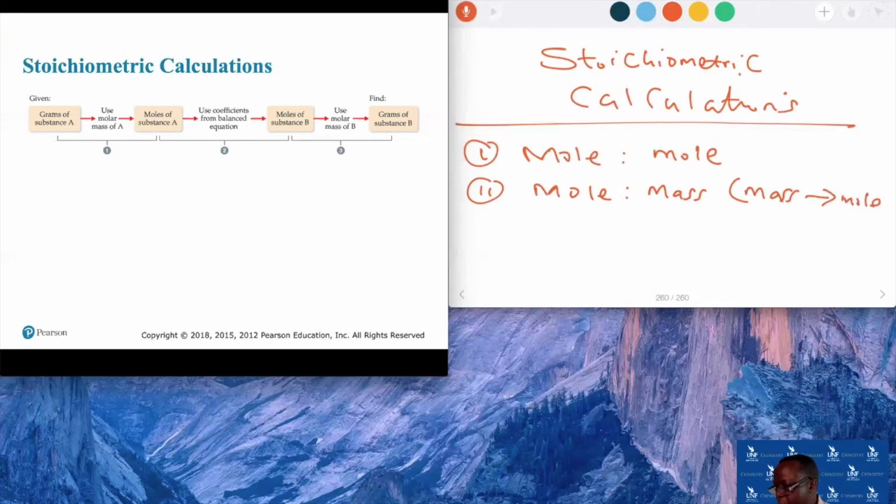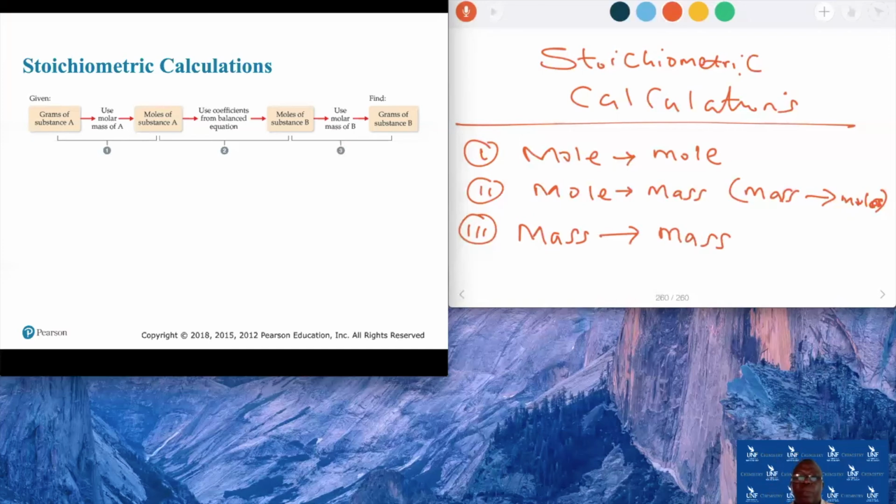Maybe I should use an arrow to make it straightforward. There is converting from mole to mole. There is converting from mole to mass, which is the same as mass to moles. And there is mass to mass, which is the longest one.